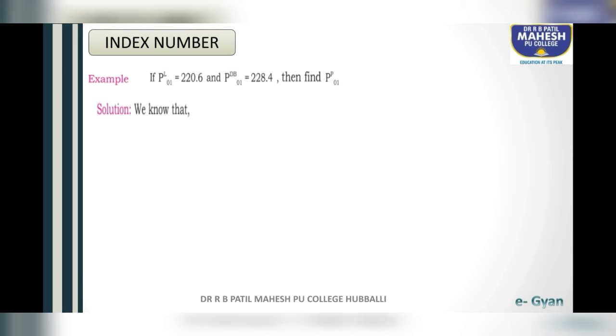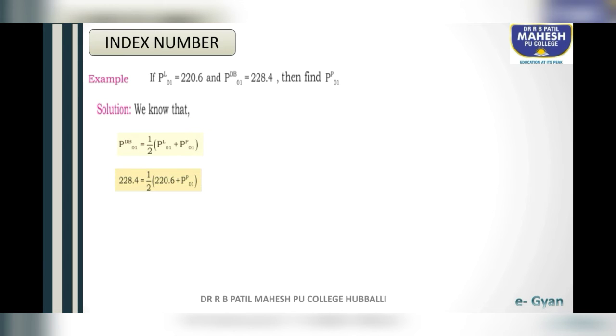First you write the formula: P01 of Drobisch-Bowley is equal to 1 by 2 into bracket of P01 of Laspeyres plus P01 of Paasche, right? Here P01 of Drobisch-Bowley and P01 of Laspeyres are given.